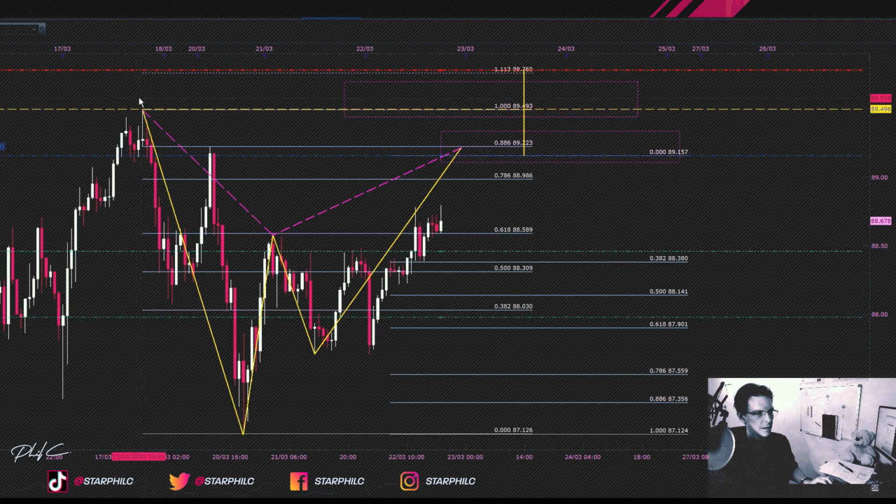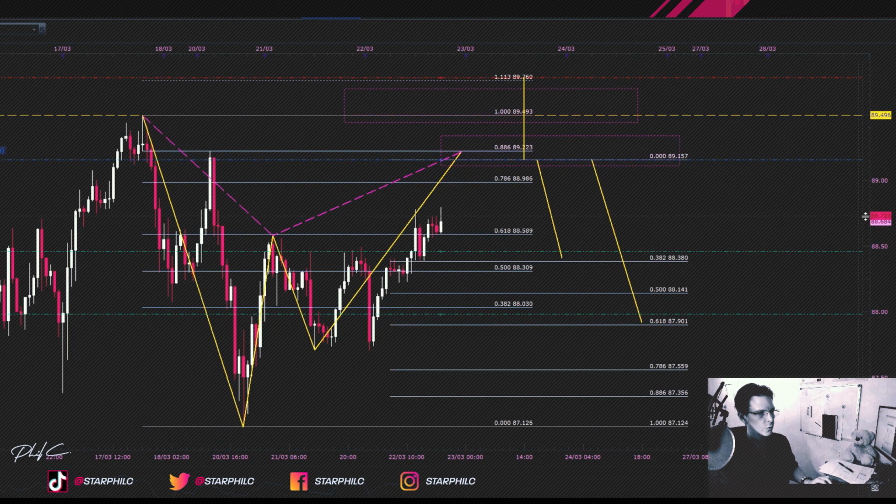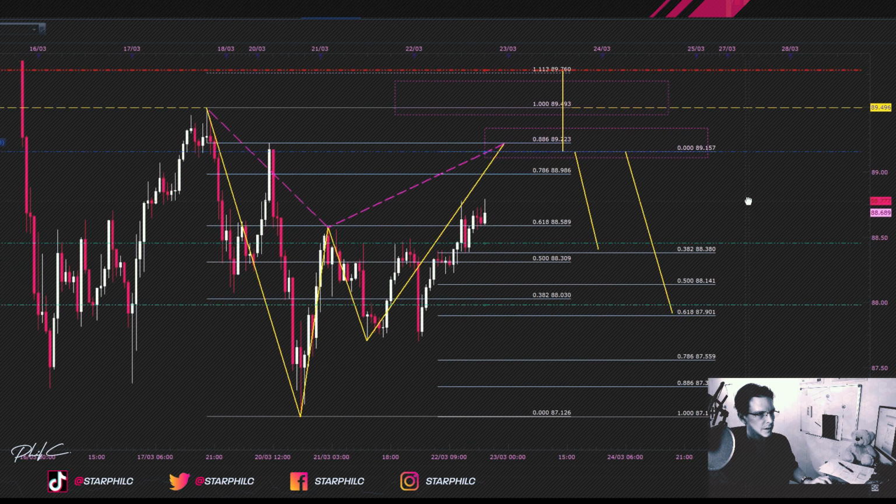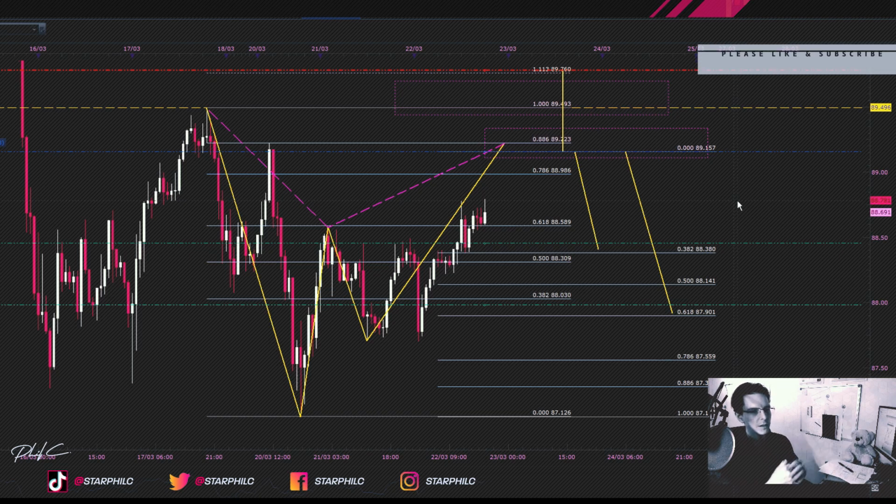Stops above X, target 1 at the 382 right here and 618 for target 2, like this. So that's another trade that we want to pay attention to together. That's the whole point and idea of doing these videos every day. So Aussie yen 1 hour time frame. This is our potential bat pattern that I want to get involved in, depending if price action even gets there at that level.